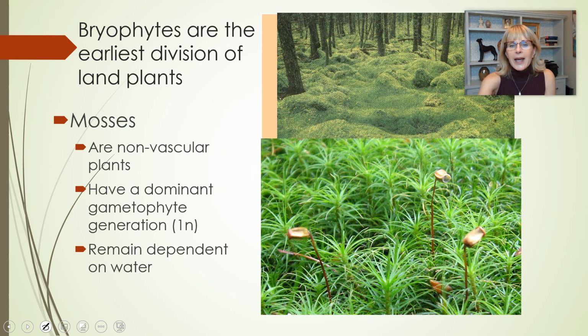Beautiful. And if we look at it here, all the green stuff is haploid. We only see that with the bryophytes, where the dominant generation is haploid. And on this picture, this little guy right here that looks like a flower, not a flower, that's the sporophyte generation. Remember that for the lab final, I could show you a picture, okay?